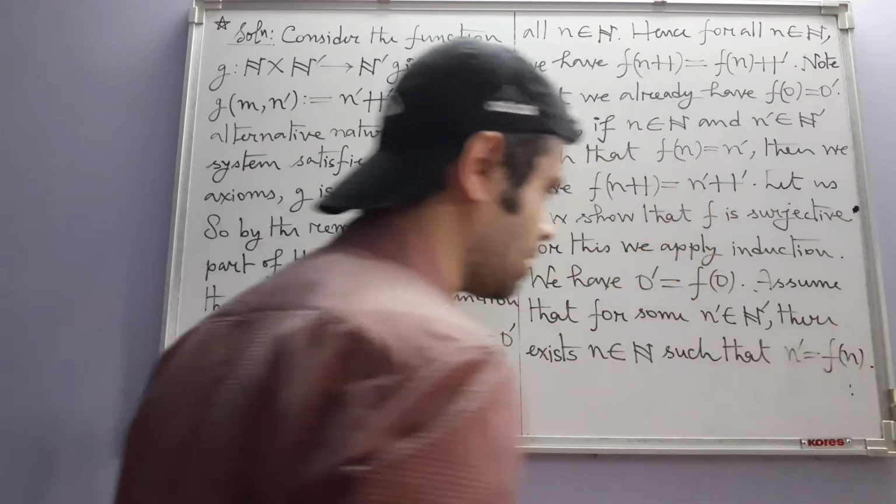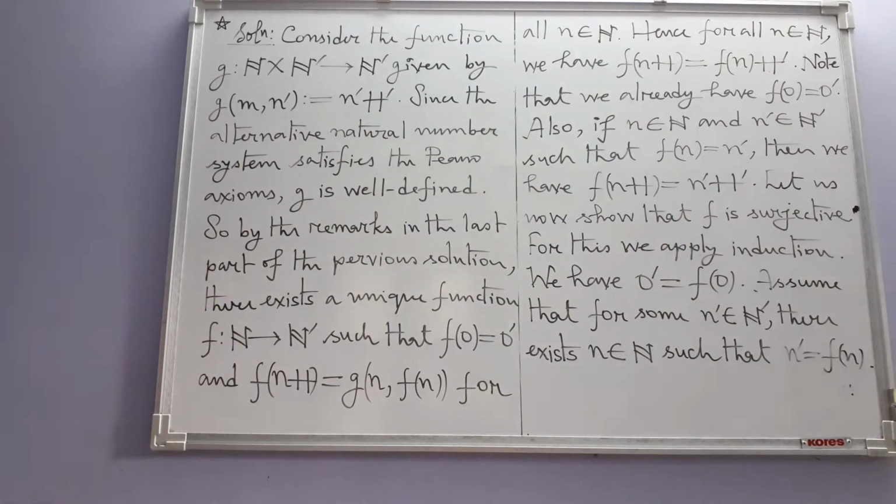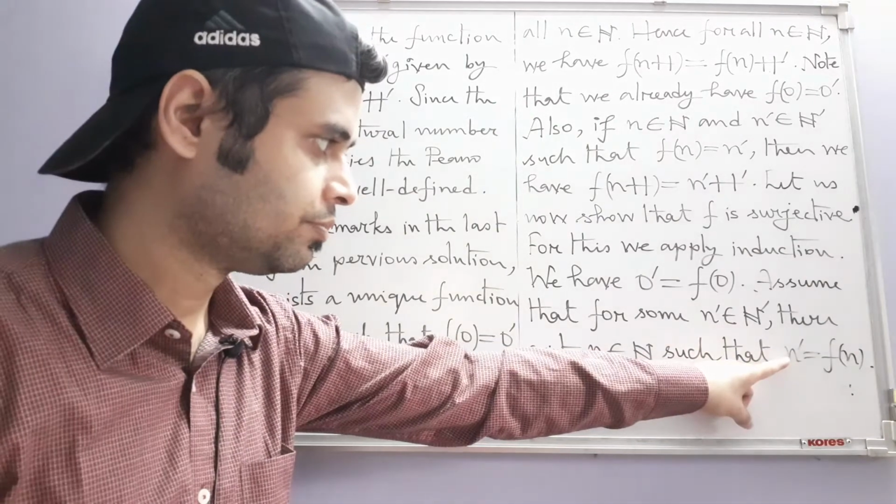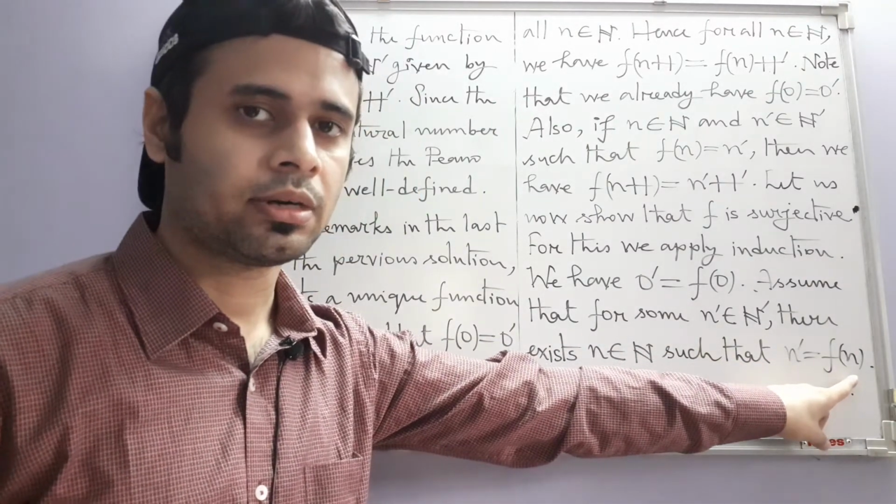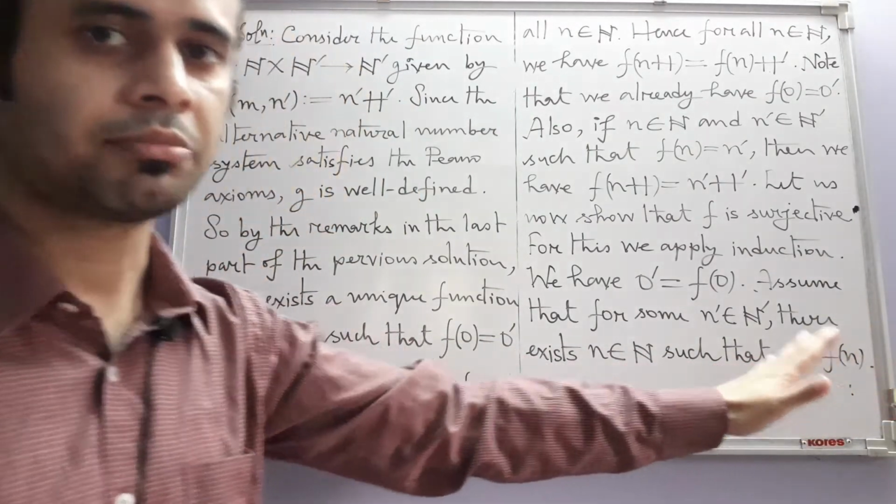That is, we have assumed that some alternative natural number n prime is the image of some natural number, is the image of something, some natural number n.